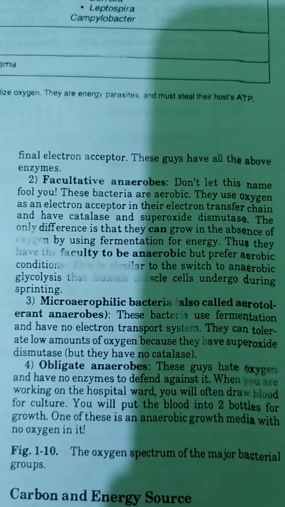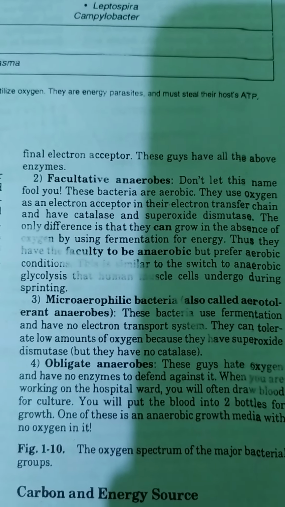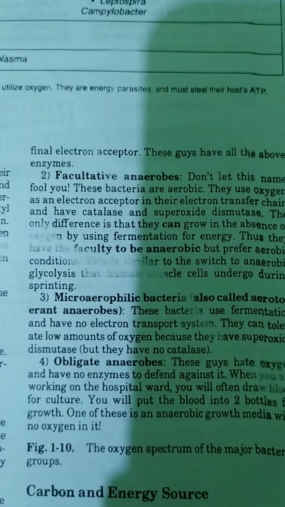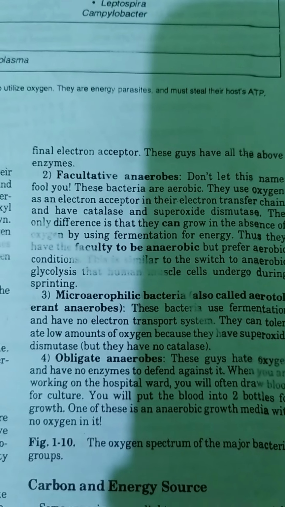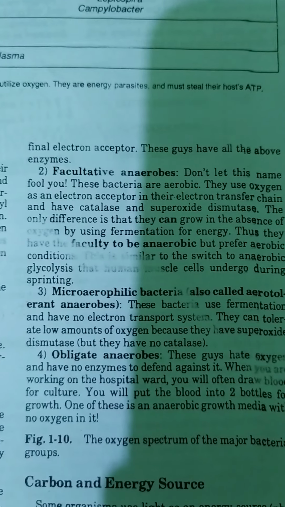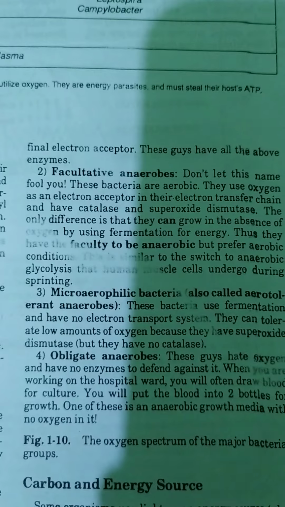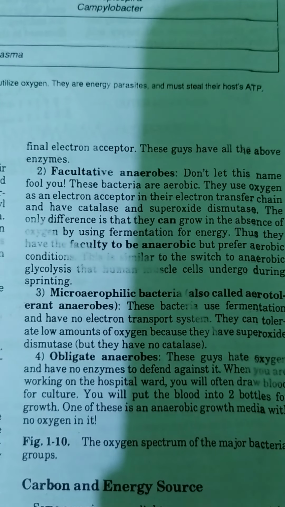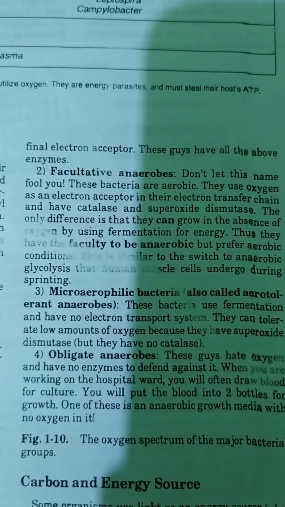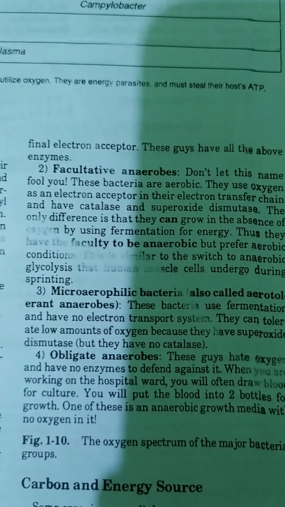Facultative anaerobes. Don't let this name fool you. These bacteria are aerobic. They use oxygen as an electron acceptor in their electron transport chain and have catalase and superoxide dismutase. The only difference is that they can grow in the absence of oxygen by using fermentation for energy.